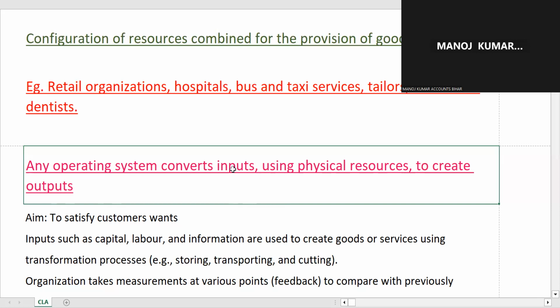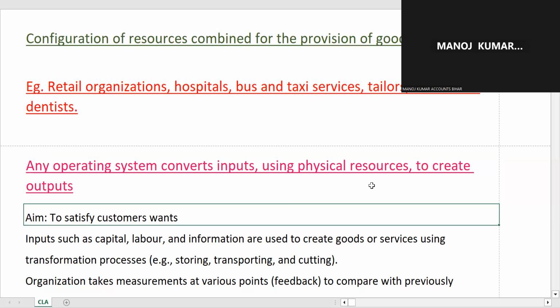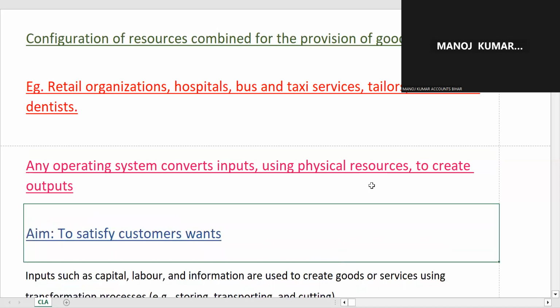Everywhere. Now let us say no human being is working, inputs will not be converted into outputs, right? You need to have some human element in it also, right? So operating system converts inputs using physical resources to create outputs. What is the aim? The aim is to satisfy customer wants.